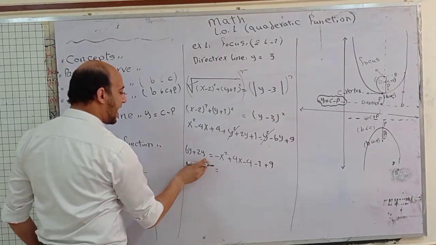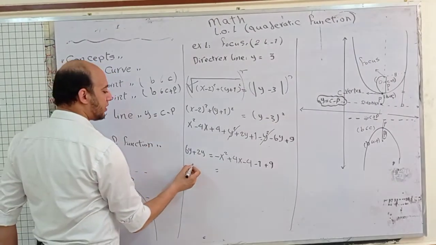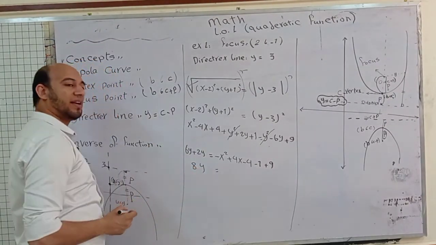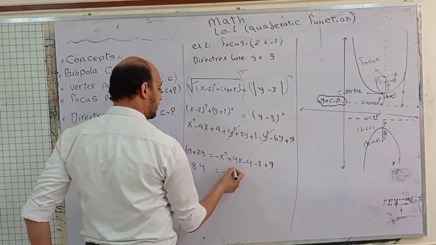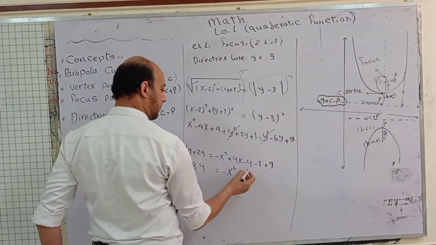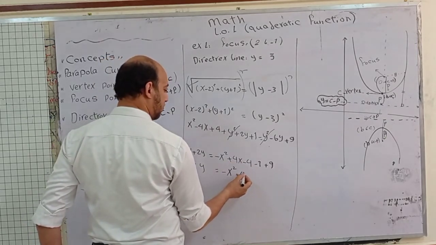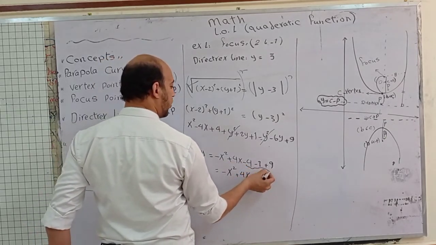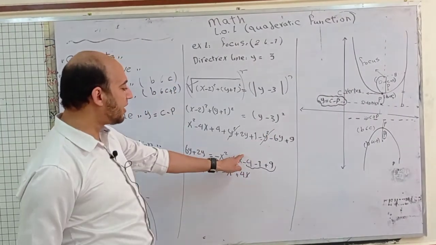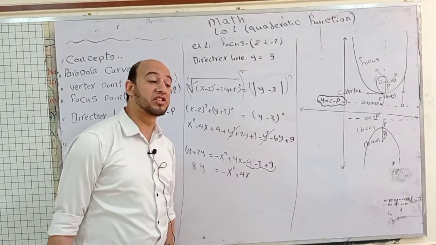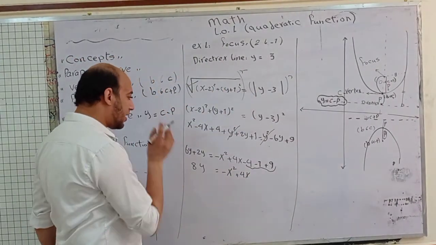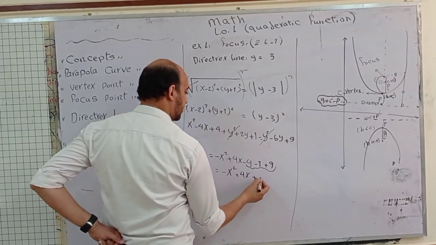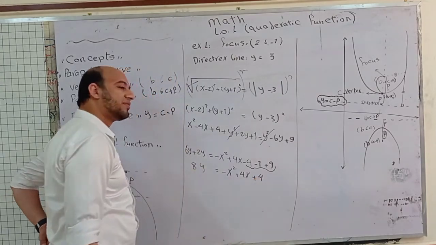Now we add the terms: 8y equals minus x squared plus 4x, and the constants minus 4 minus 1 equal minus 5, minus 5 plus 9 equals positive 4.